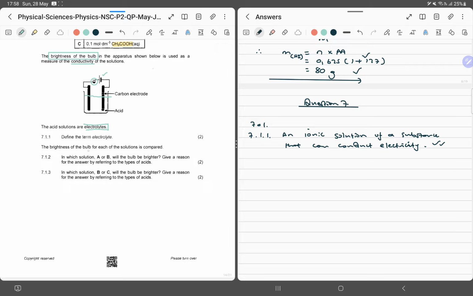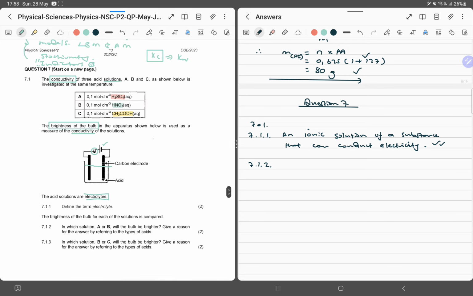Now it says the brightness of the bulb for each of the solutions is compared. Now 7.1.2, we're asked in which solution, A or B, will the bulb be brighter. Well, sulfuric acid is a strong acid that dissociates to 2 moles of hydrogen ions plus the sulfate ion. So in essence, we end up with 3 ions in the solution.